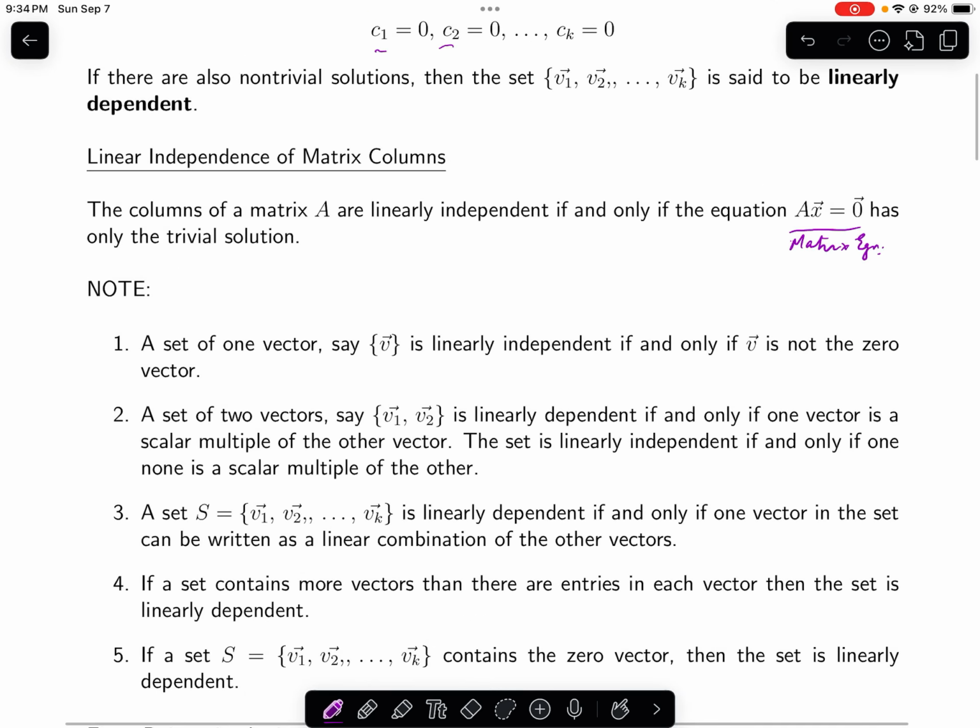Now note something here. A set of one vector, say v, is linearly independent if and only if the vector v is not the zero vector. So you can have any vector in R2, you can have 2, 3. This is linearly independent.